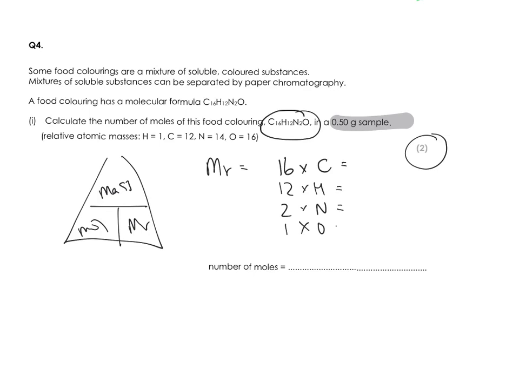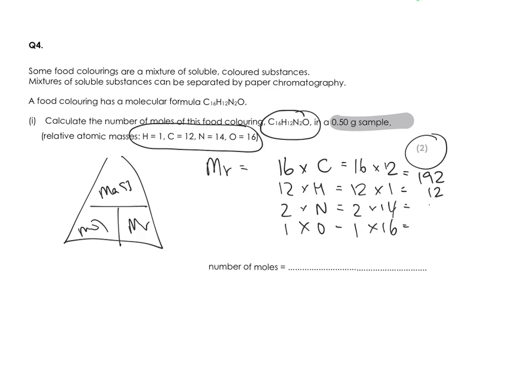So if we work those out, it's 16 times 12, 12 times 1, 2 times 14, and 1 times 16. You have been given all those here, but you could look them up in your periodic table as well if you wanted to. You'd get that in the exam. So 16 times 12 is 192. 1 times 12 is 12. 2 times 14 is 28. And 1 times 16 is 16.